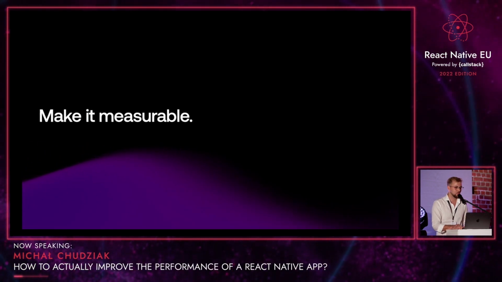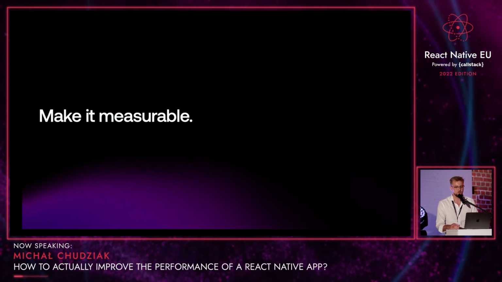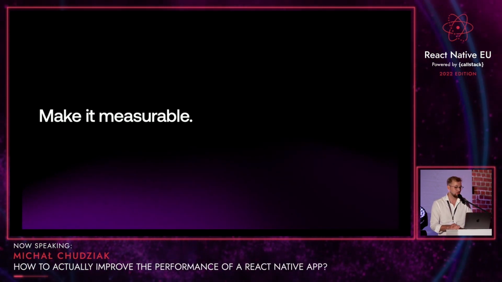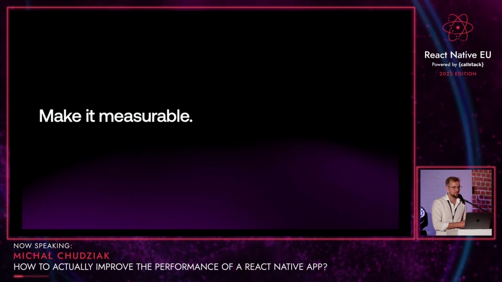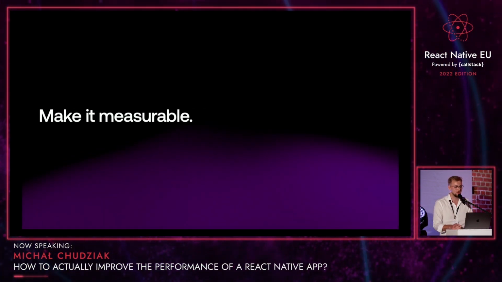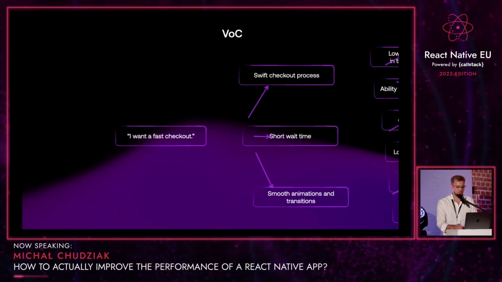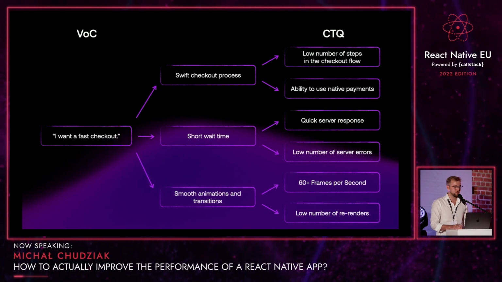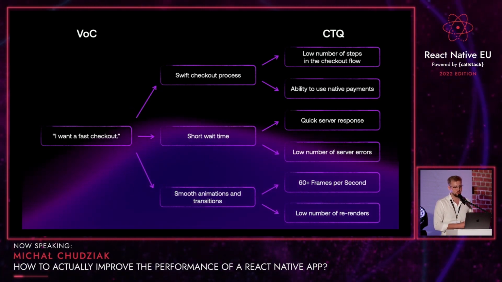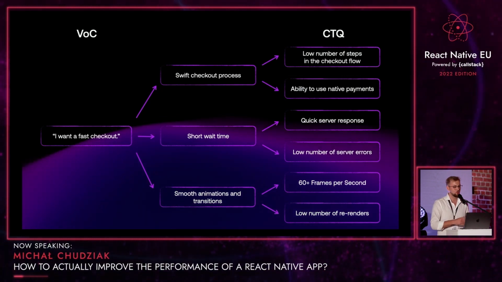But voice of the customer is often vague and hard to measure. So we need to translate it into something more specific and easily measurable. And the measurable elements of a product or service that clearly show the customer satisfaction levels are called critical to quality, or CTQs. So as you can see on the example, we take one of the VOCs, which is usually constructed from the clustered feedback, and we break it down into measurable components.